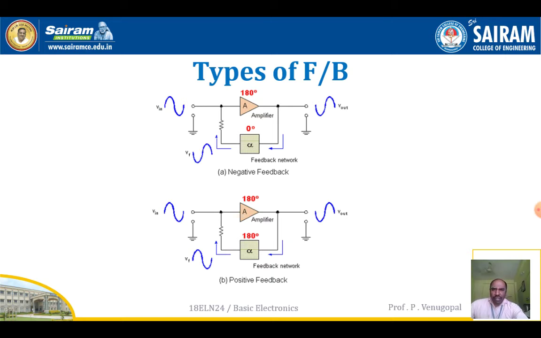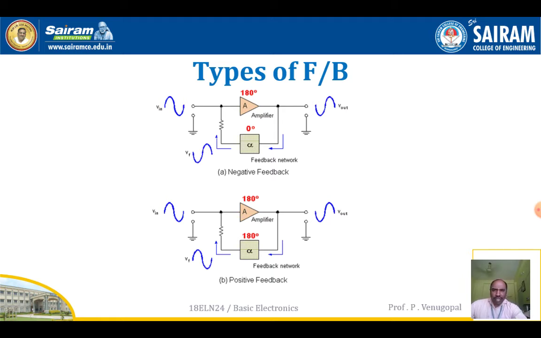Then the feedback signal is in phase with the output signal, because there is 0 degree phase shift between the output signal and the feedback signal. And the phase of the feedback signal is 180 degrees with respect to the input signal, which means this type of feedback is called negative feedback.